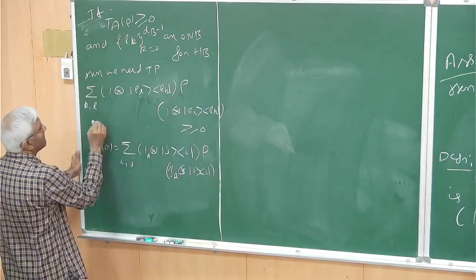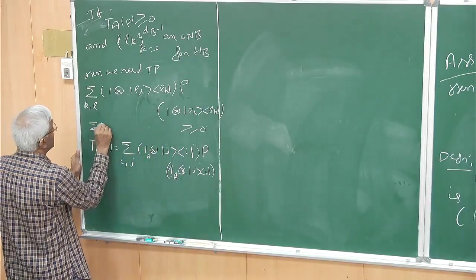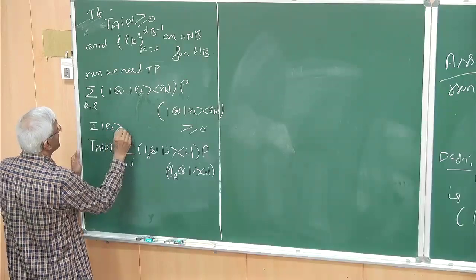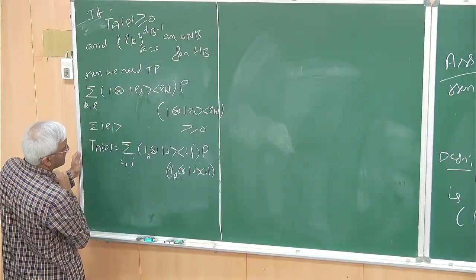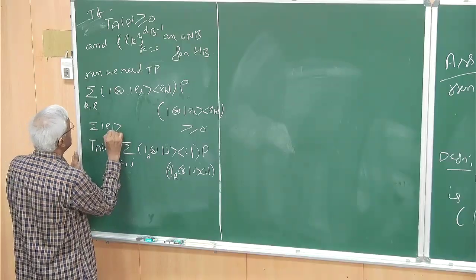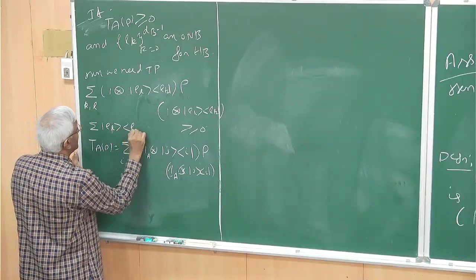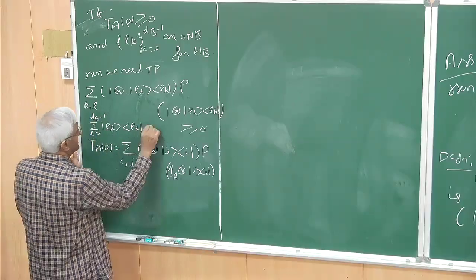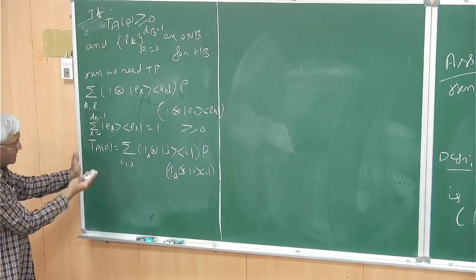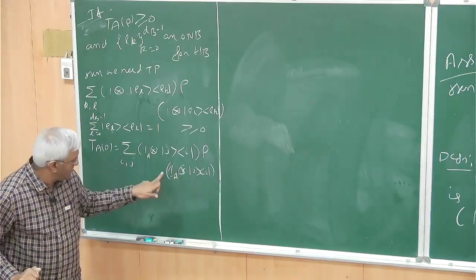We have another thing: the summation over l from 0 to d_B minus 1 of |e_l><e_l| is equal to 1, of course. This is just the identity operator. So I insert that operator here and here.